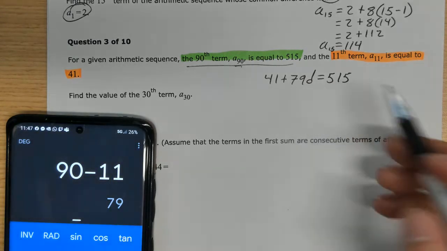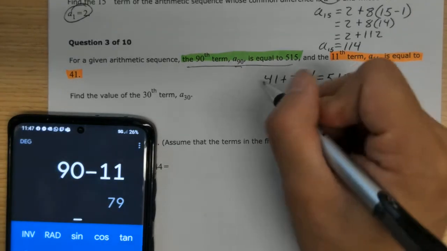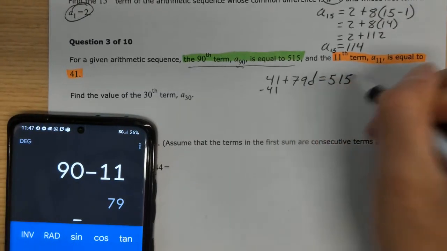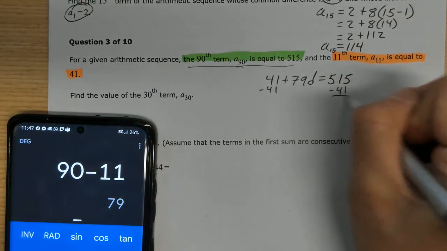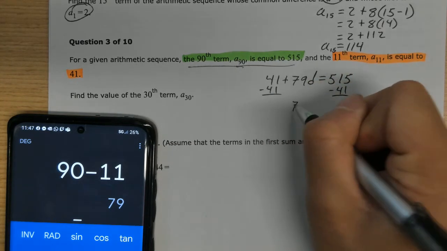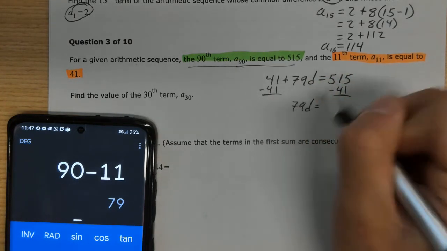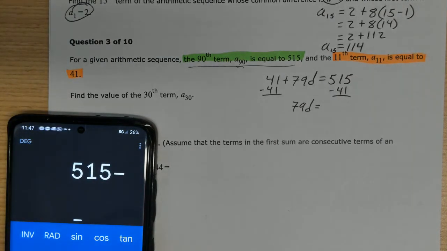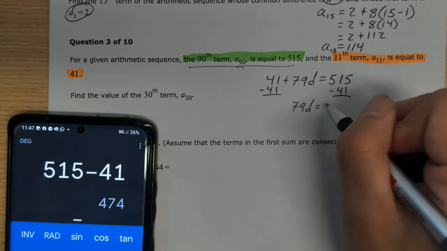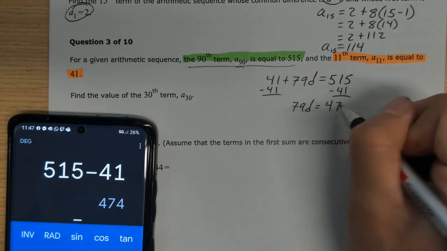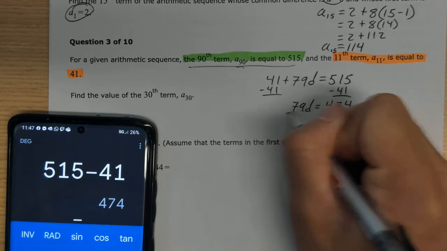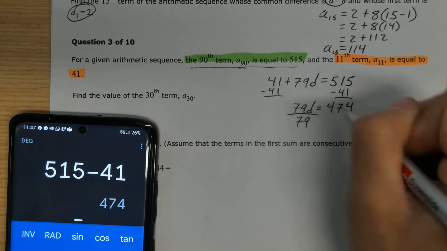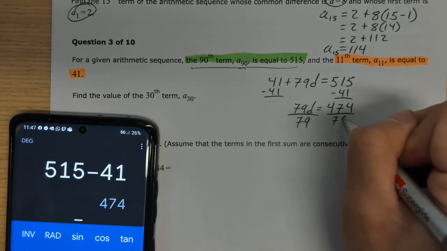So right here I just have to solve for D. Subtract 41, and that'll give me 79D equals 515 minus 41. That gives me 474. And then I have to divide by 79 on both sides to leave D by itself.